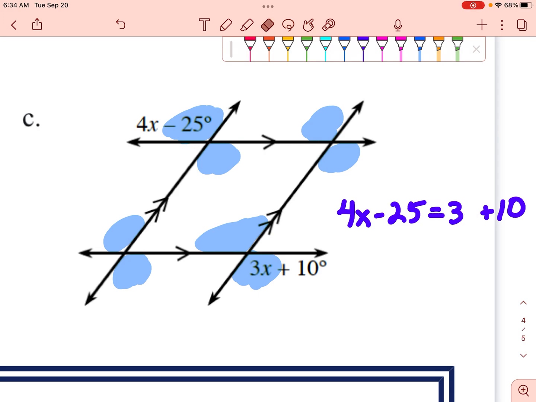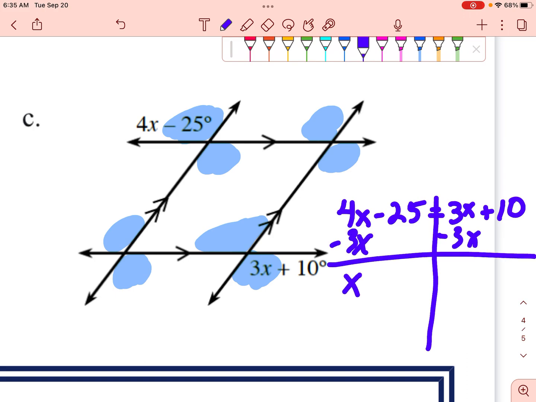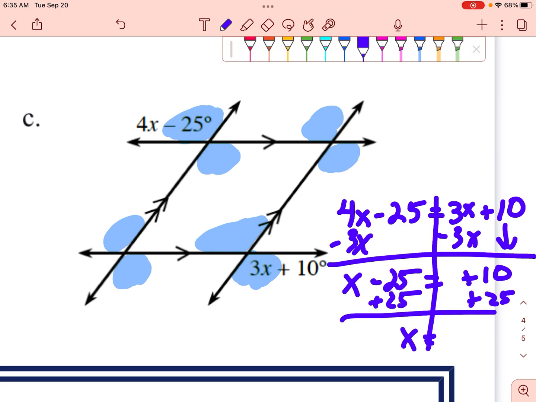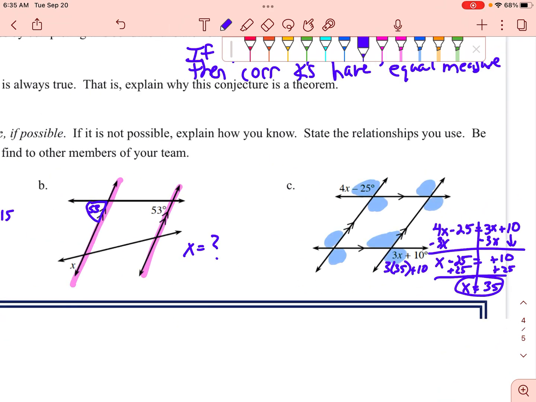And then you would go through and solve this equation. Minus 3x, minus 3x. I'm left with 1x minus 25 equals 10. Plus 25, plus 25. X is 35. And then if they wanted you to find the measure, you would plug 35 back in and figure out how big that measure is.